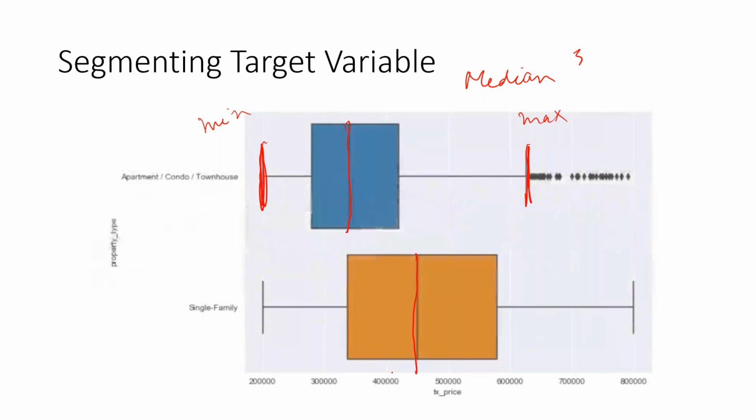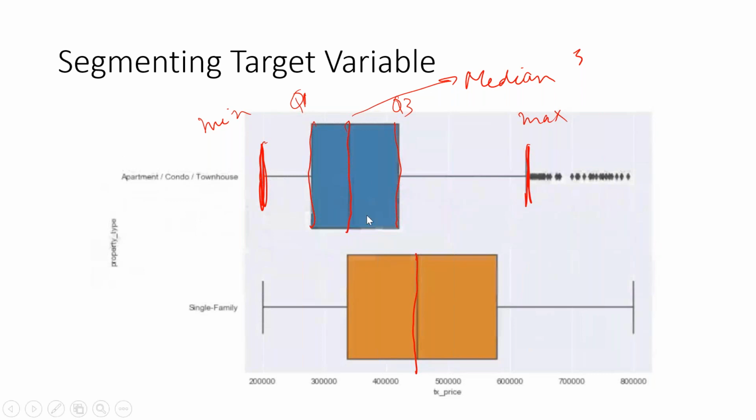So this is min, this is max, this is median, and this side of the box is called Q1, the 25th percentile price. Then this side of the box is Q3. When we plot this, we can understand these numbers, and whether something is making common sense or not.